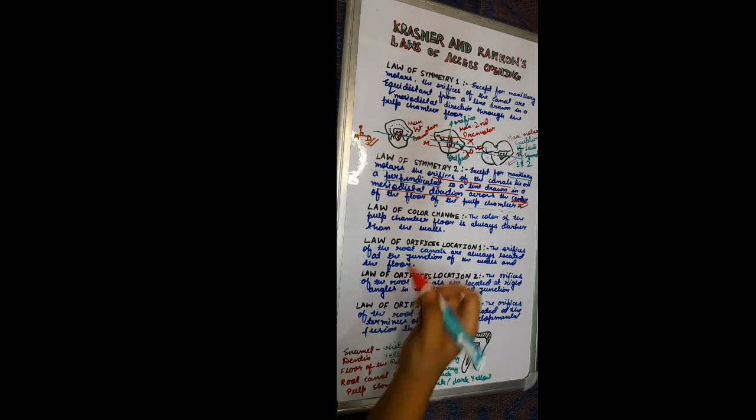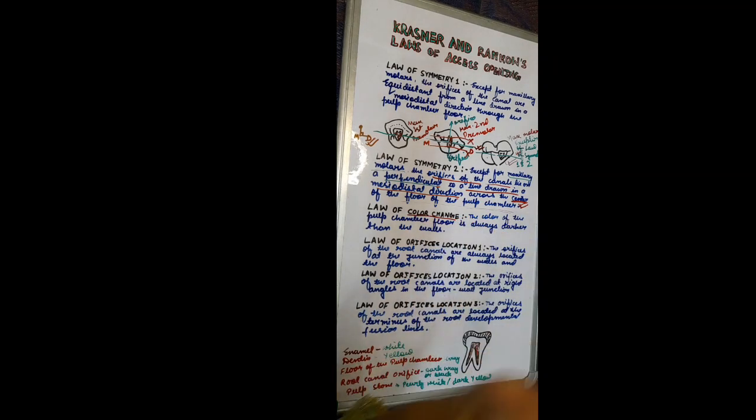And now the law of color change. The color of the pulp chamber floor is always darker than the walls. So the floor of the pulp chamber is grey in color and the root canal orifice is dark grey or black. So we can distinguish that we have reached the canal orifice.